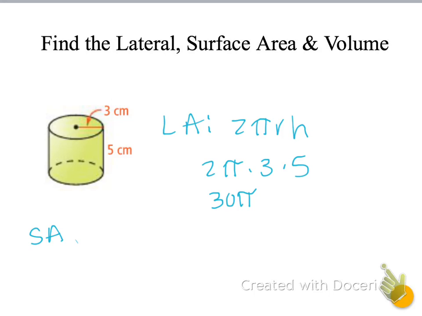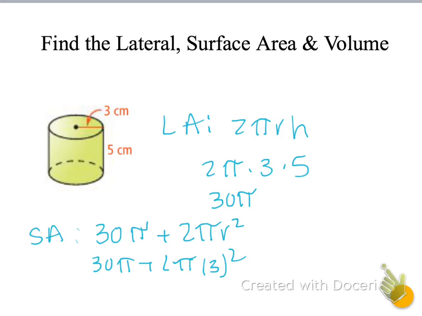Our surface area is whatever our lateral area is, plus 2 pi r squared, the areas of the bases. So 30 pi plus 2 pi times my radius squared. 3 squared is 9, 9 times 2 is 18.